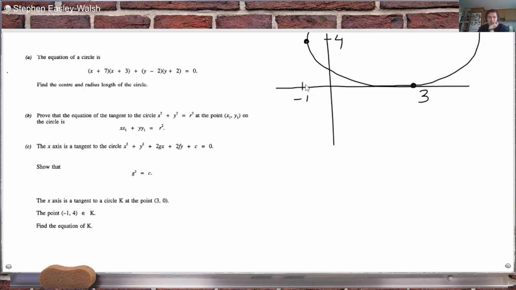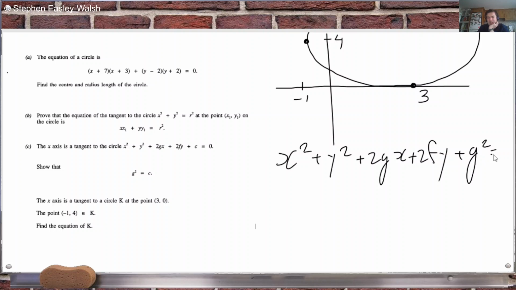So, yeah, I have the equation x squared plus y squared plus 2gx plus 2fy plus g squared equals 0. I have 2 points I can just sub in.